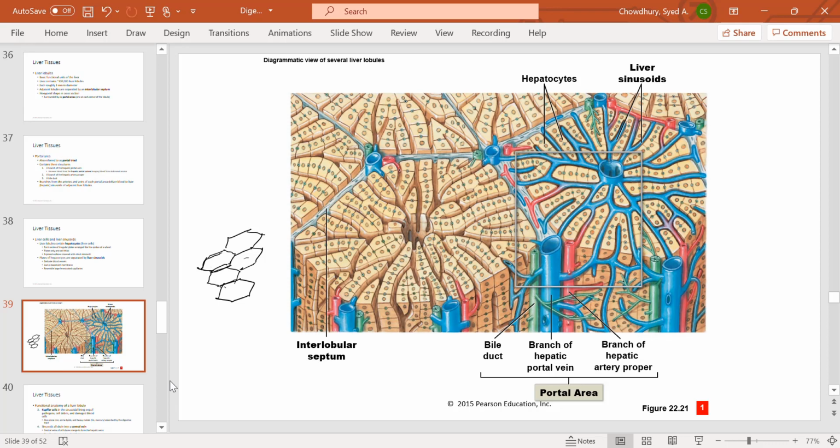And in each corner of a lobule you have the areas where you will find an artery, a vein, and a branch of the bile duct. So this corner area is called portal triad or hepatic triad.